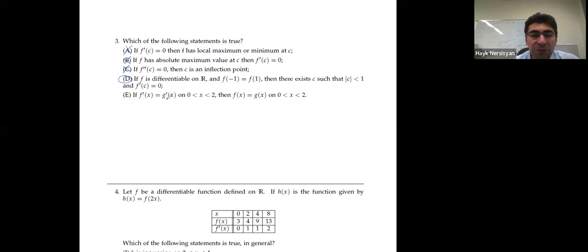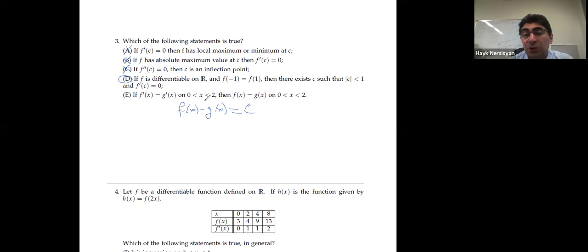And let's see why statement E is wrong. Just because f prime equals to g prime, can we say the function is the same? No. We can say fx minus gx is constant, right? Because derivative of f minus g equals to 0.